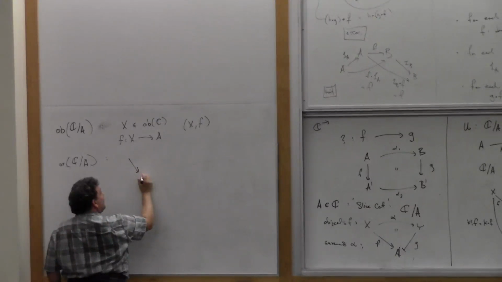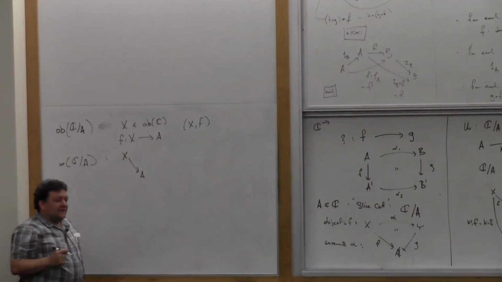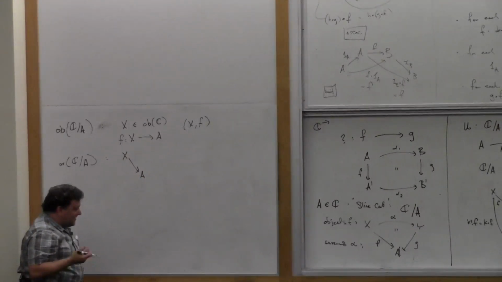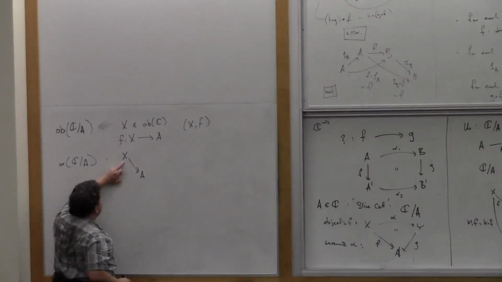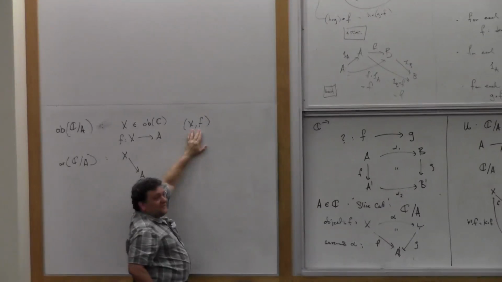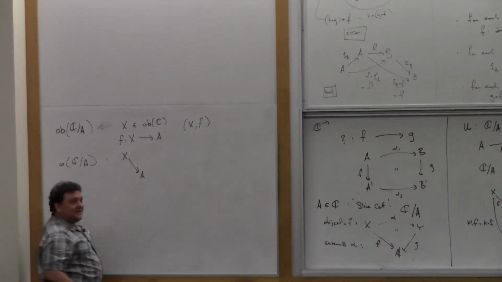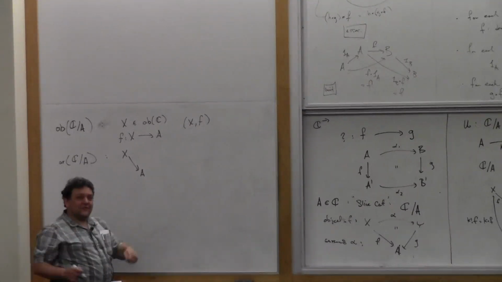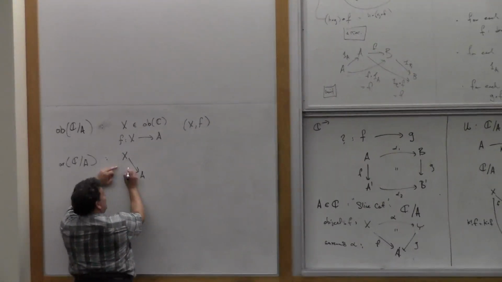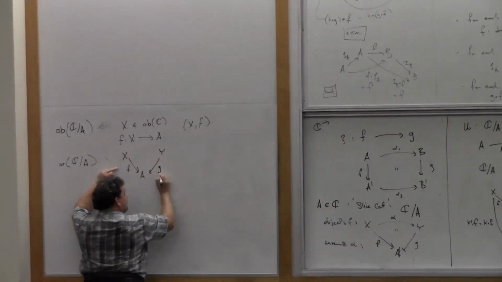I'm not going to write them as pairs, though, because to write them as pairs is to forego the advantage of category theory, which is that we have these diagrams to work with, right? I could write them as formal pairs, but really they're things like this, and then another one is a thing like this.